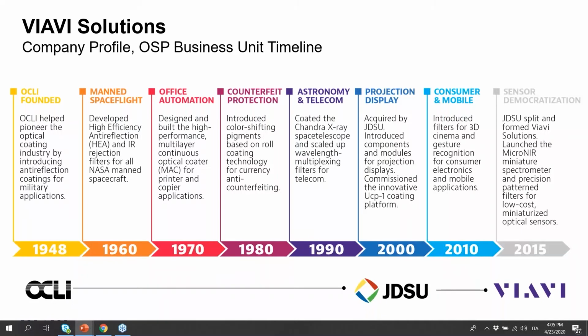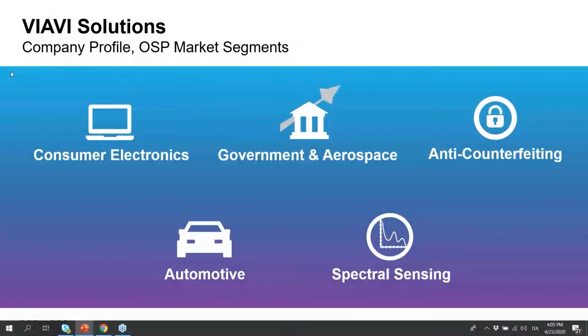The company started its activity in 1948 with the name of Oakley. In 2000 it became JDSU, and in 2015 the name changed again to Viavi. Where is the OSP business unit of Viavi working? In spectral sensing, where the MicroNIR is, but we also have a lot of activity in consumer electronics, mobile phones and computers, government and aerospace, and anti-counterfeiting products.